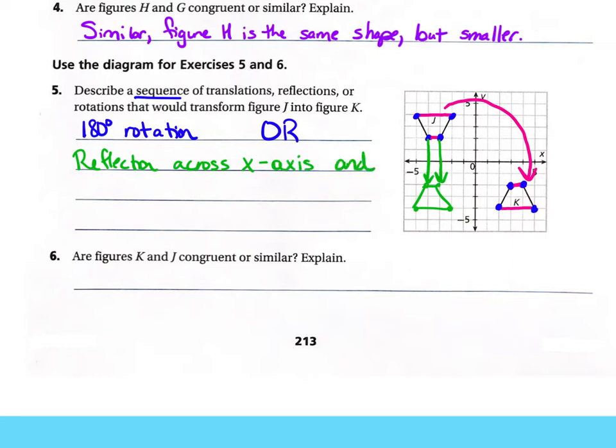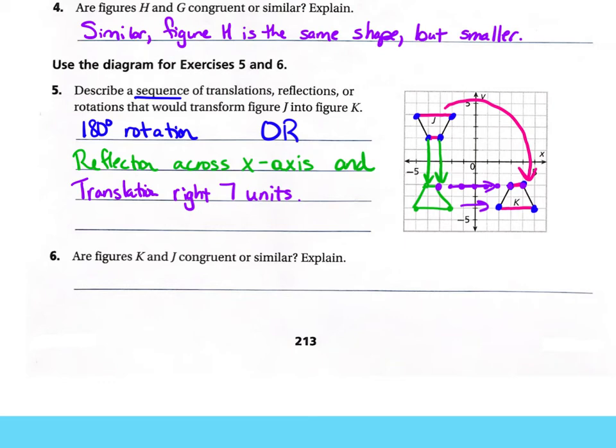And a slide or translation that goes right. We'll start from here. 1, 2, 3, 4, 5, 6, 7 units. So that would be an option as well. And there's actually other combinations of transformations you could use to go from figure J to figure K.